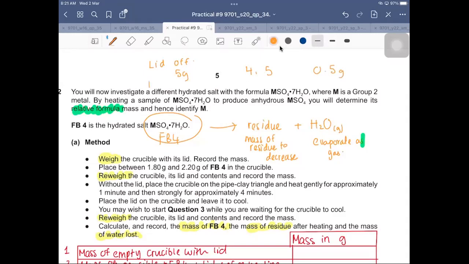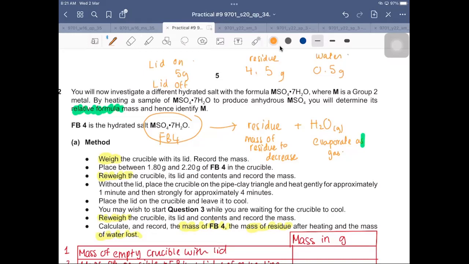With the lid on, 4.5 grams of the residue, and then 0.5 grams of water.